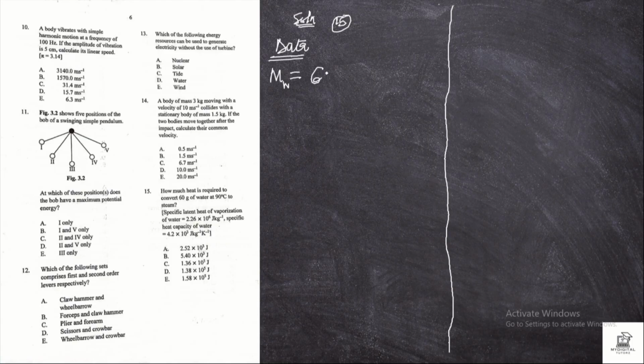We are going to convert it because our specific capacity of water is in joule per kilogram per Kelvin. So convert it to kilogram, that will give us 60 divided by 1000, which is 0.06 kg. Is that correct?